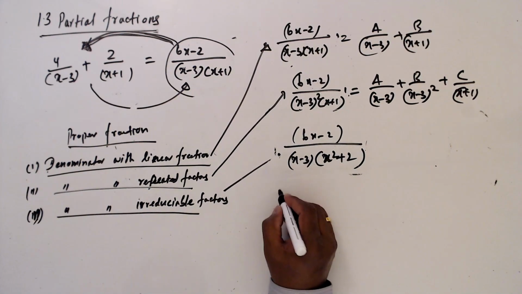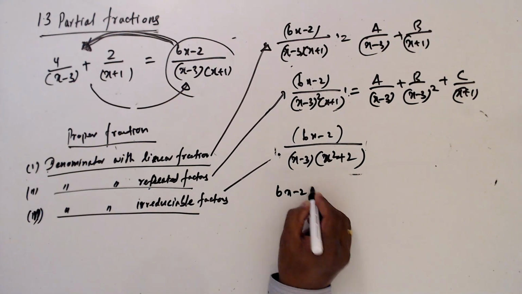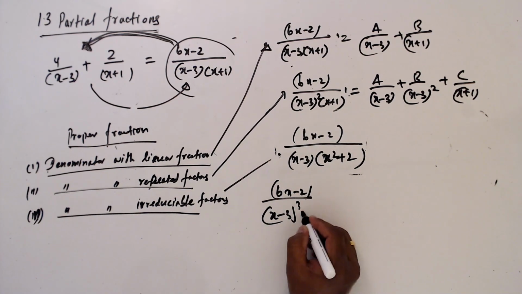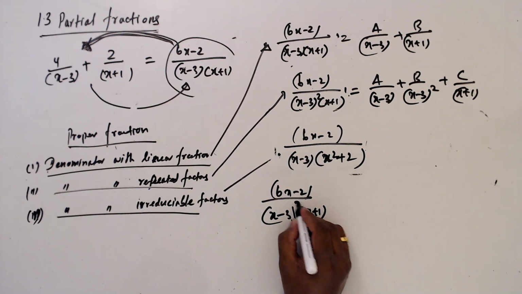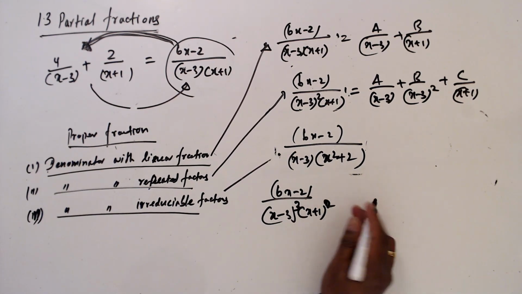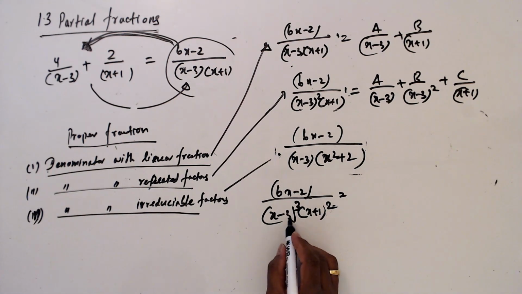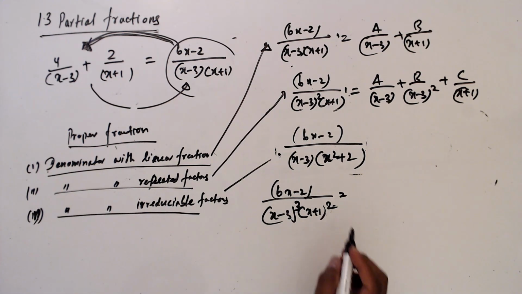What will happen with 6x minus 2 over (x minus 3) cubed times (x plus 1) squared? How do you factorize? We need 5 constants now.